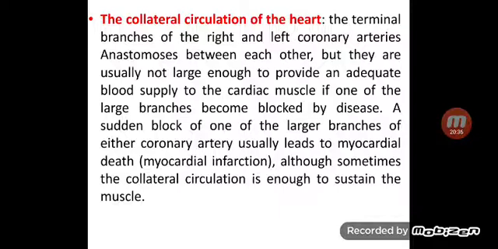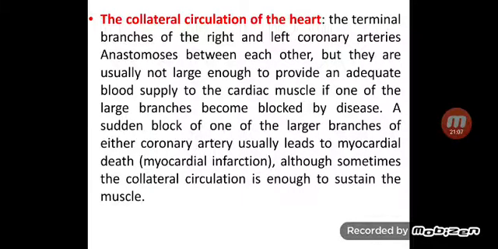Sometimes, if there is a blockage in a large artery, the anastomosis provides a fine circulation, this collateral circulation, but it is not large enough to prevent infarction, let's say, or myocardial death, the death of the cardiac muscle in the myocardium layer.